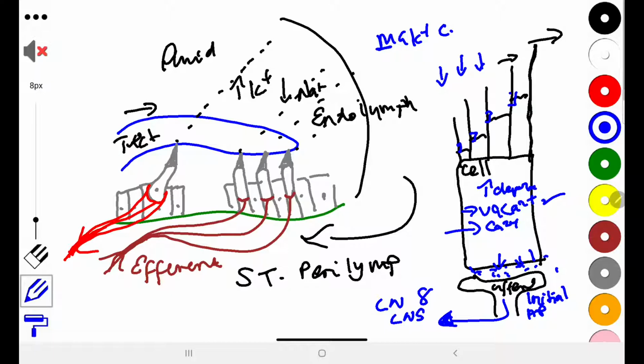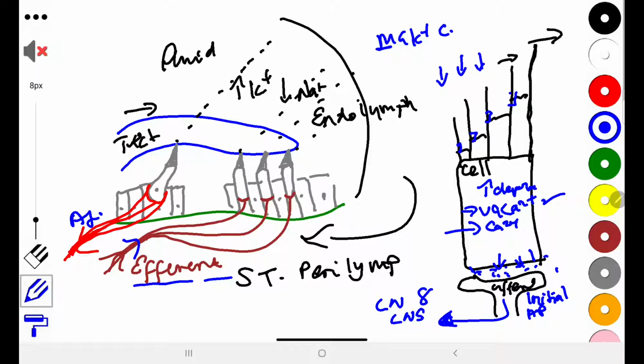But what we see here is the outer cells are innervated as well by efferents. So these are afferents and these are efferents. Why do we have an efferent innervation here? The innervation here is so as to hyperpolarize.